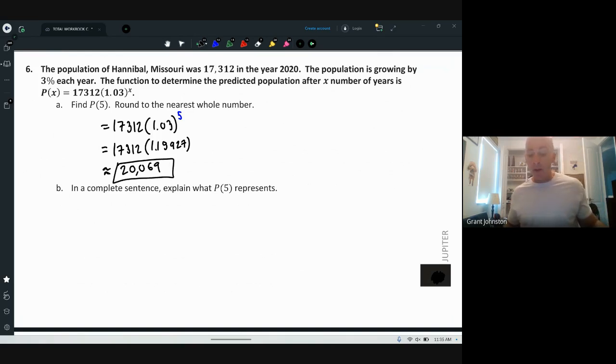So what that represents would be P of 5. So 5 was the years past 2020.